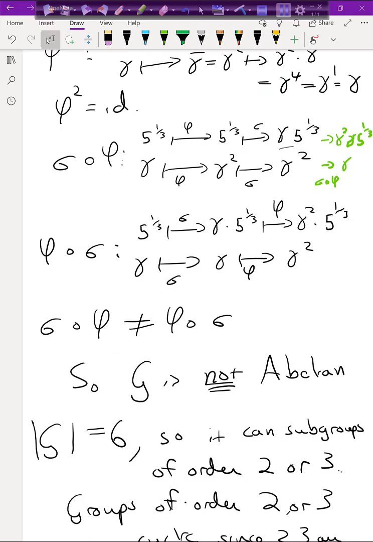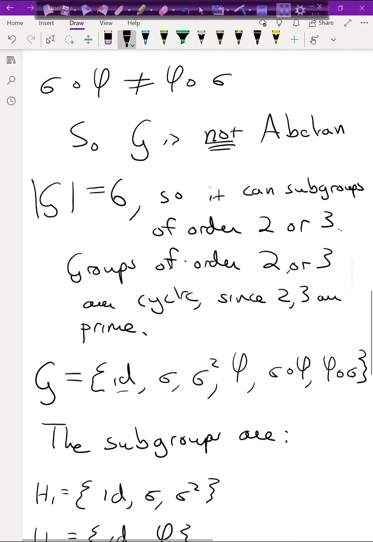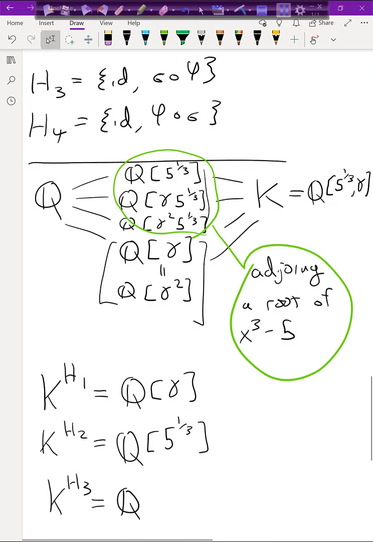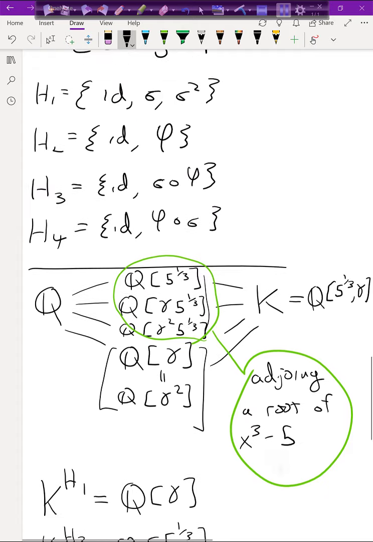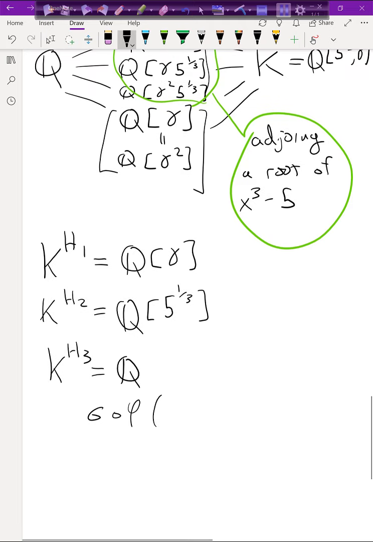Sigma composed with phi, well, that didn't fix gamma, it didn't fix 5 to the 1/3. But let's compute what sigma composed with sigma composed with phi does. Why don't we just try one of them? It's going to fix one or the other.